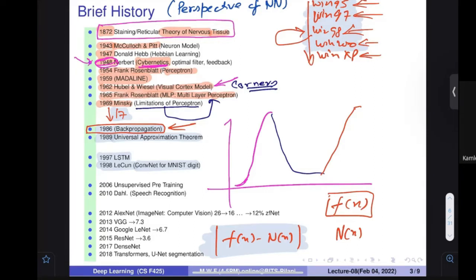So techniques like LSTM and convolutional neural networks were developed at that time, 1997, 1998, but people were not able to take them forward because of limitations from the hardware and software points of view.